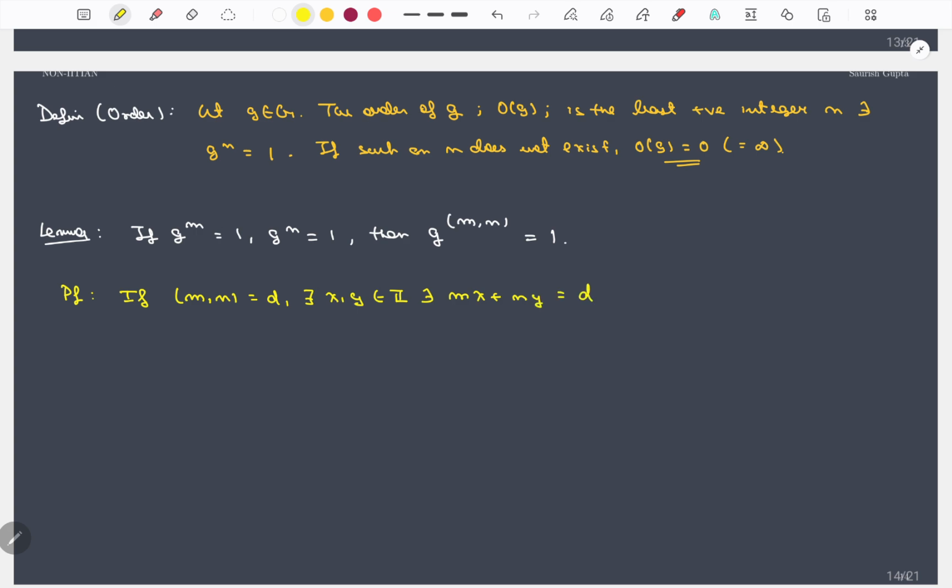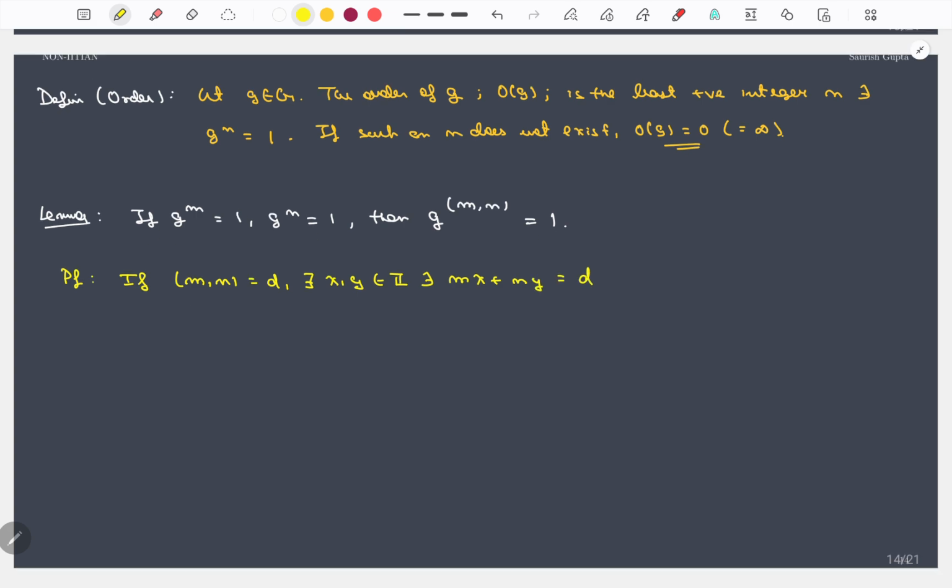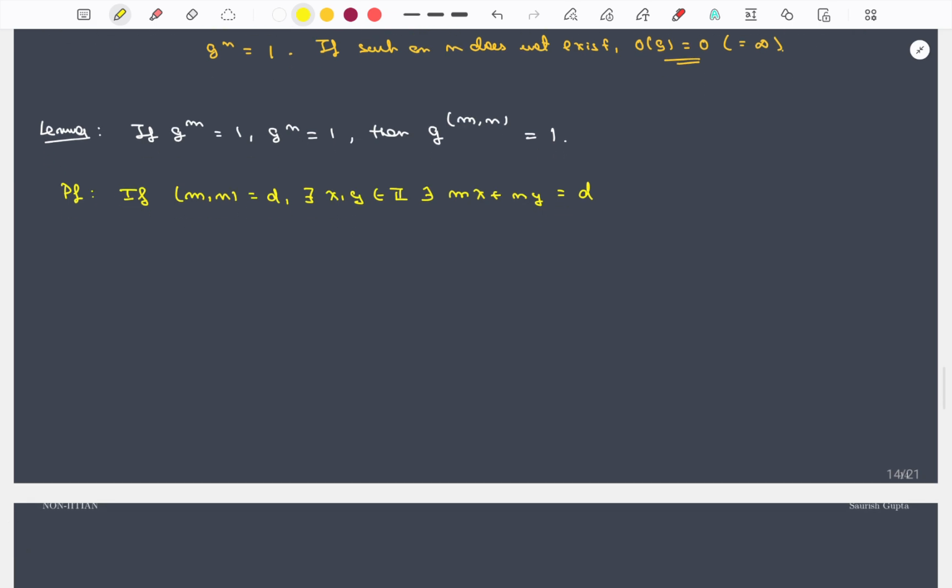This is a very important result in number theory called the Bezout lemma. From here we can rightly say that g to the power mx plus ny is equal to g to the power d, but this implies g to the power d is equal to (g to the power m) to the power x times (g to the power n) to the power y, but these are 1.